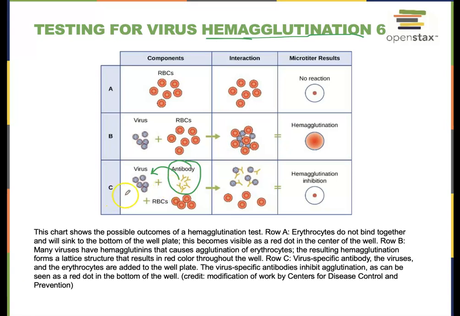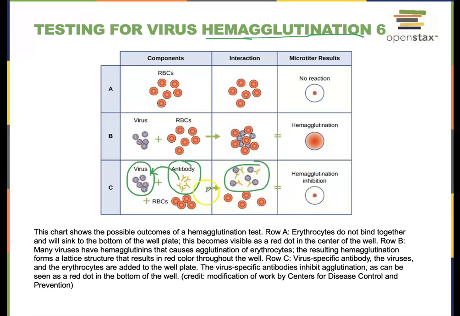So in letter C, we have this protein called an antibody, and their job is to bind to the virus. You can see how the antibody has bound to the virus, and this makes the virus unable to attach to our cells. So it makes it impossible for the virus to enter the cells and cause a new infection. And it also prevents those viral particles from agglutination. So it's not possible for them to clump these red blood cells.